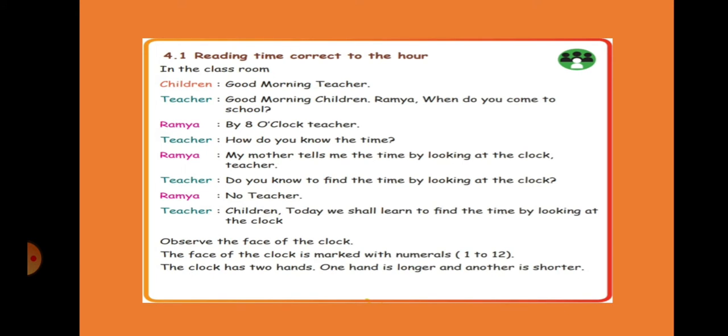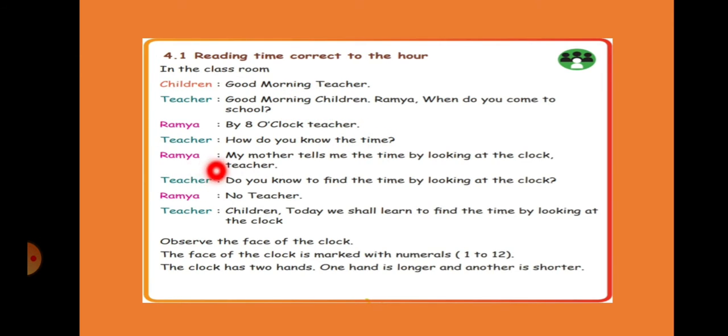See here, in the classroom, children will say, good morning teacher. Teacher will say, good morning children, and she will ask Ramya to stand up. Teacher will ask Ramya, when do you come to school? Ramya will say, by 8 o'clock, teacher. Then teacher will ask, how do you know the time?